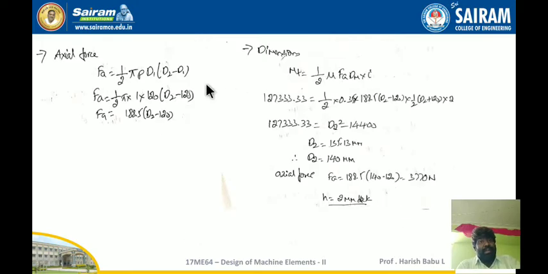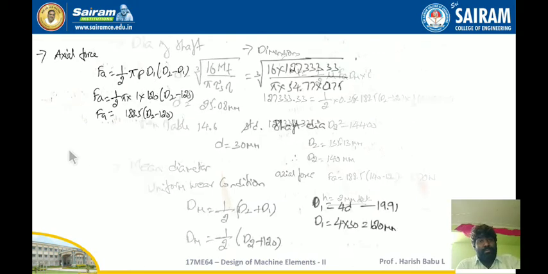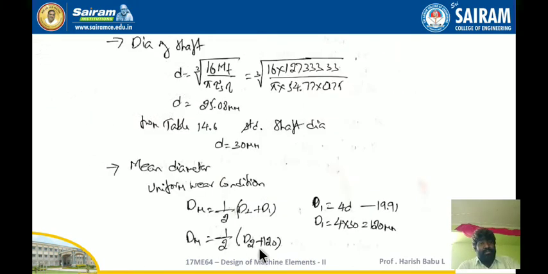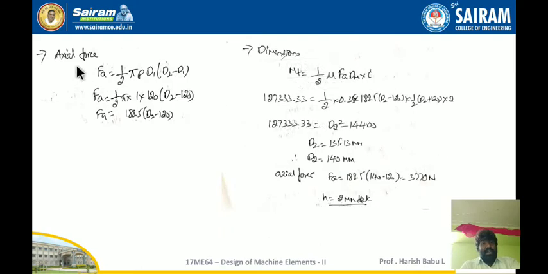So dm I'm going to get in terms of d2. Again, for the axial force, I'm going to substitute d1 as 120, so I'm going to get FA in terms of d2 now. So at last the dimension, MT is equal to half mu FA into dm into i. In this equation I'm going to substitute FA in terms of d2 and dm in terms of d2, so I'm going to find out the d2 value.